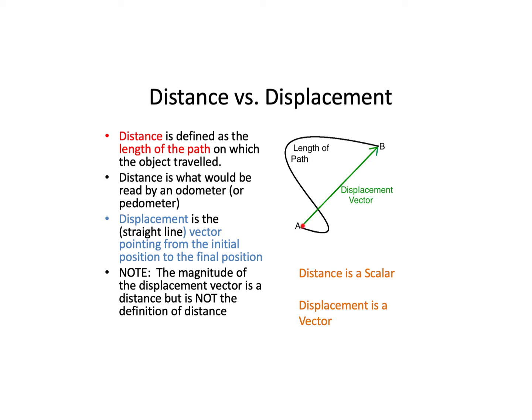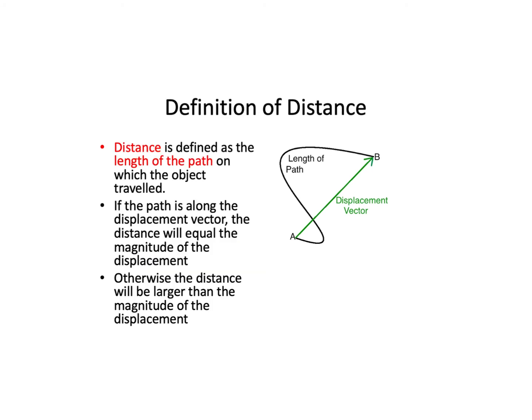And so there is a displacement which includes the direction, and there's just the distance of this path which does not. And we should note that the displacement vector gives you the smallest distance, and then any other distance is going to be bigger than that you might go on.